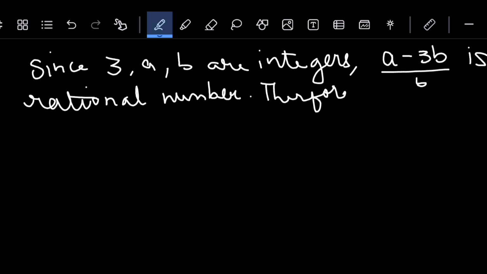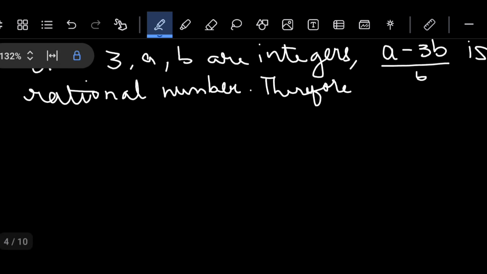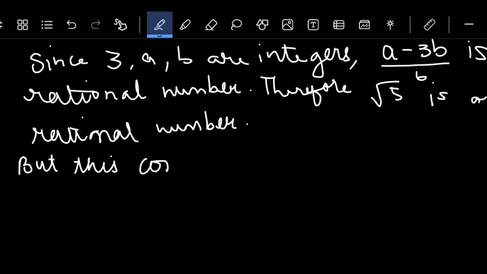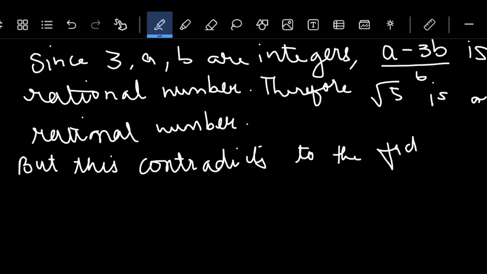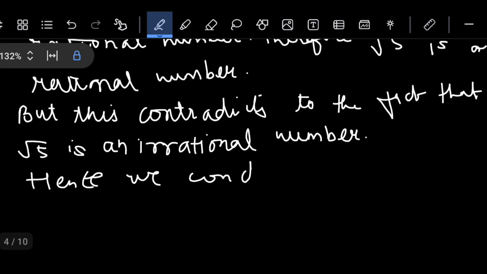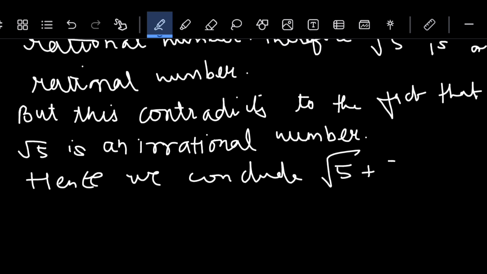Therefore, root 5 is a rational number. But this contradicts the fact that root 5 is an irrational number.